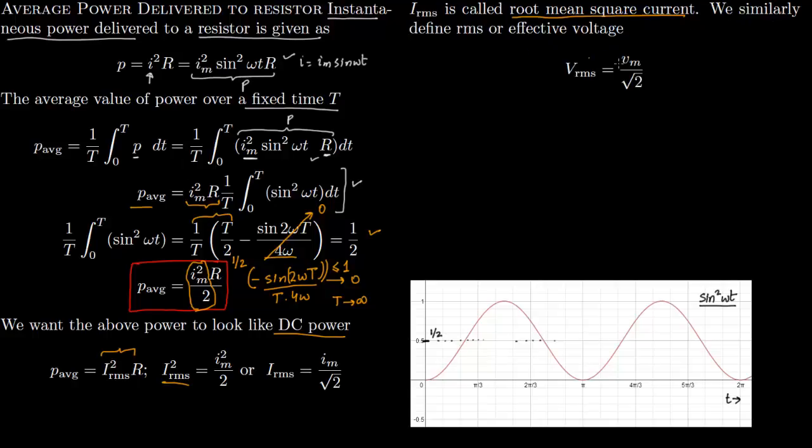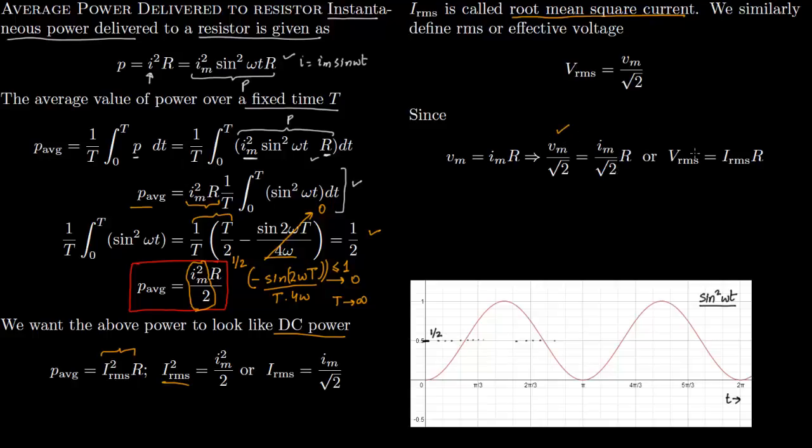Similarly we define the root mean square or effective voltage as V RMS equal to the maximum voltage divided by square root of 2. Since the maximum voltage is equal to maximum current times resistance, we divide one side by root 2 and the other side by root 2.